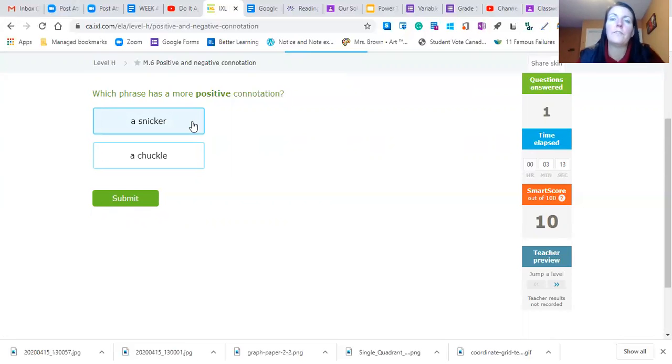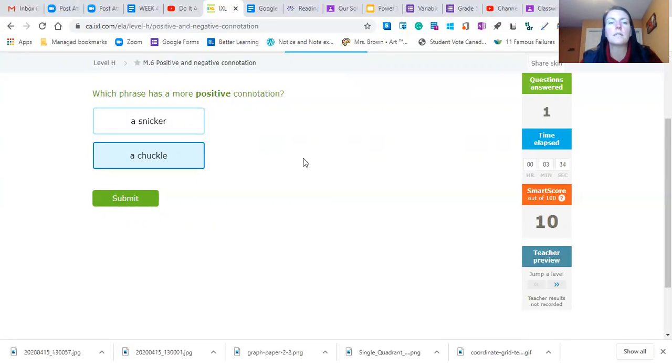So a chuckle, if you're reading some comics and chuckling off to yourself, no one's getting offended by that, but a snicker is specifically directed towards somebody. So the positive connotation is a chuckle. Can you imagine reading these words in writing?